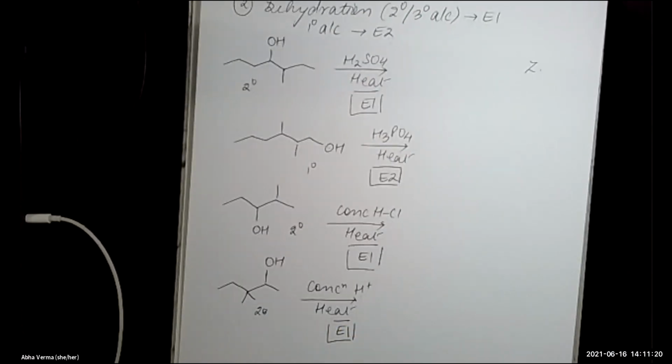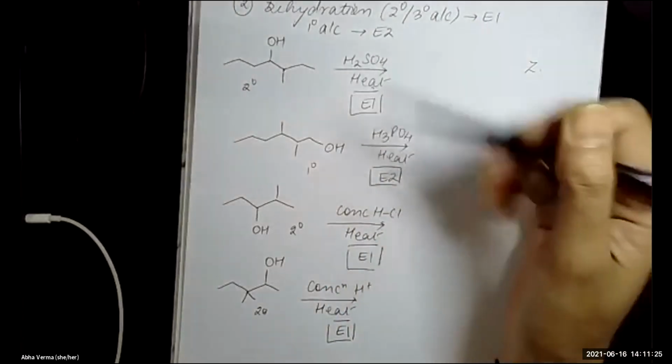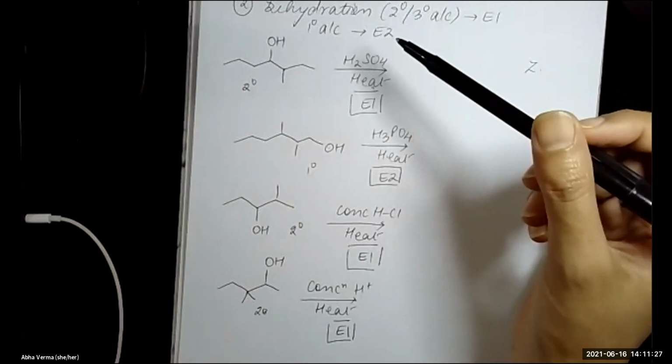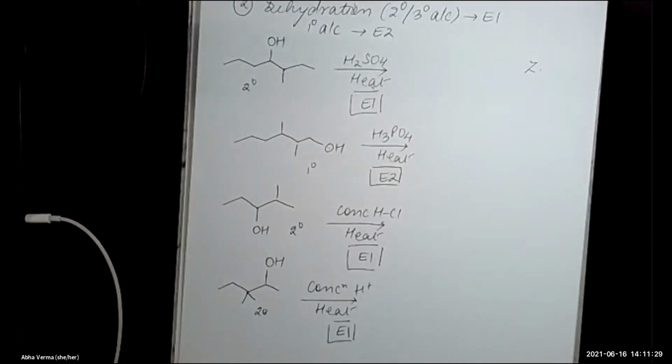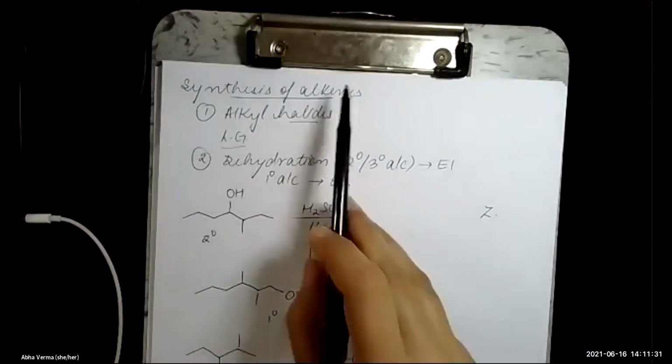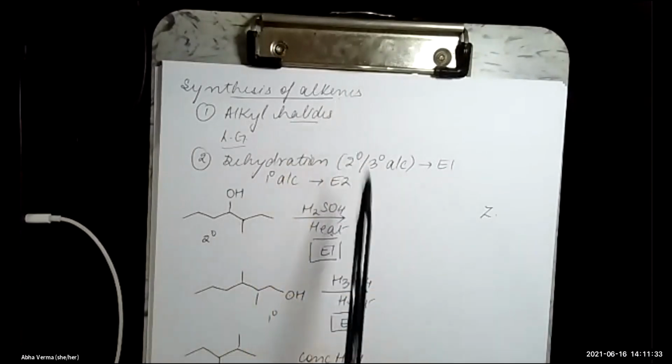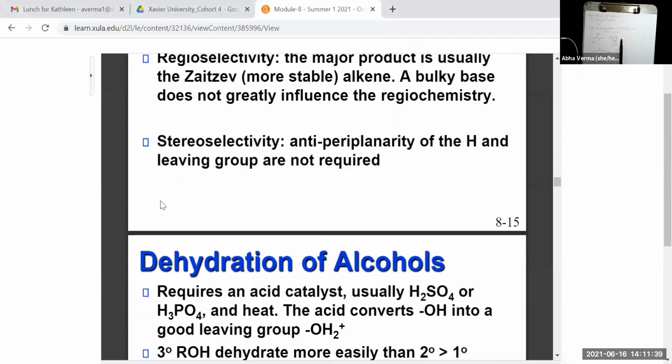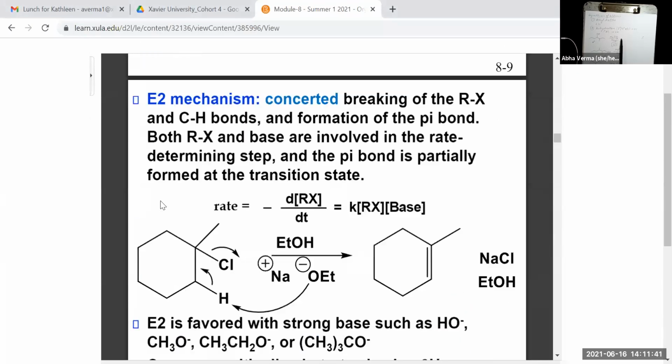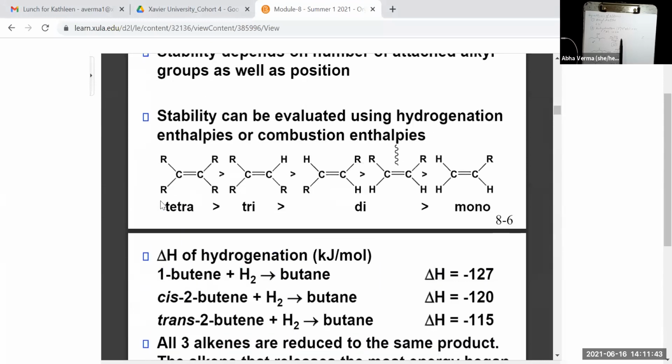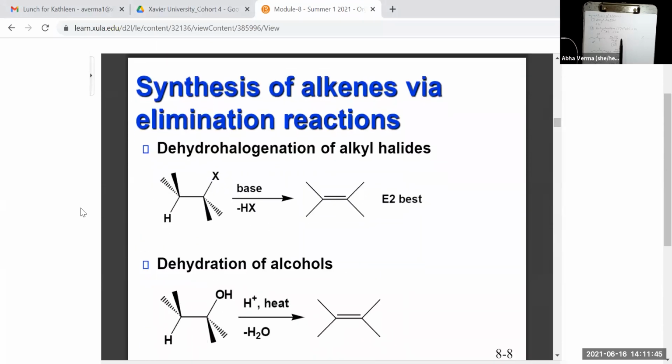E1, yes. And so these are the two methods by which we can get alkenes. So far we had looked at alkenes by the removal of alkyl halides and the other groups that we are removing. Okay, these are the two methods.